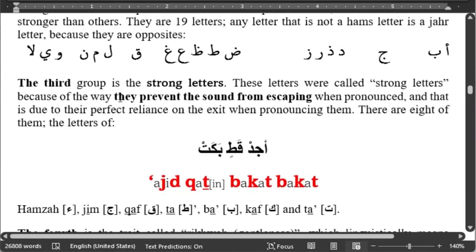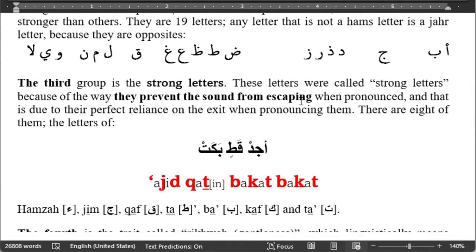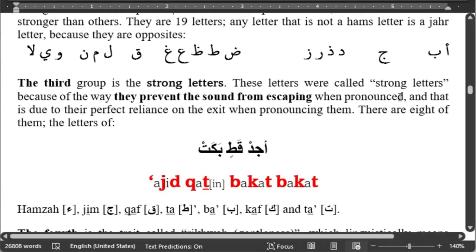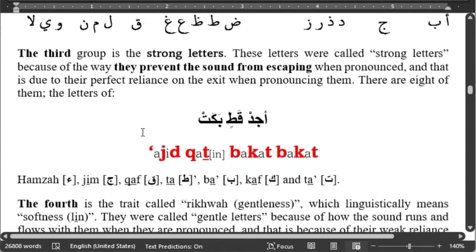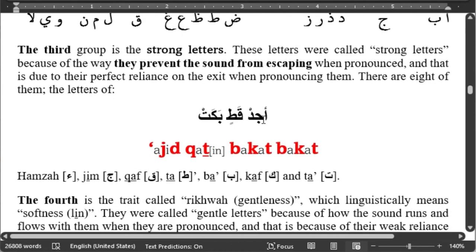The third one is even stronger because it stops the sound altogether. And that is due to their perfect reliance on the exit when pronouncing them. There are 8 of them, the letters of Ajid Qatlim Bekat.